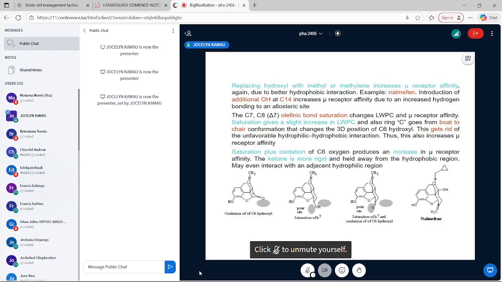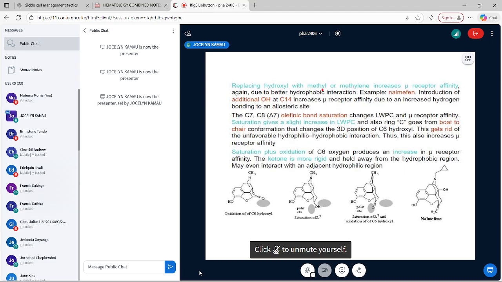So before we move on to any other structural modification, I want to explain why this brings about an increase in activity. We should have discussed it last time, but unfortunately, I think I forgot this slide.